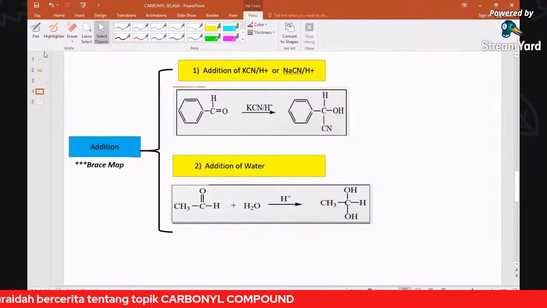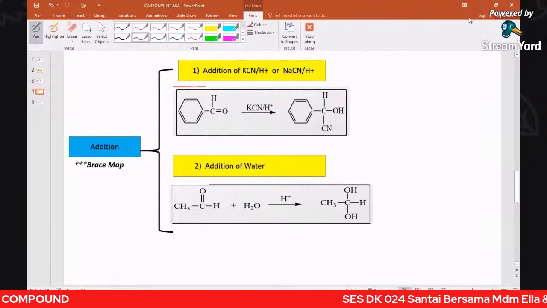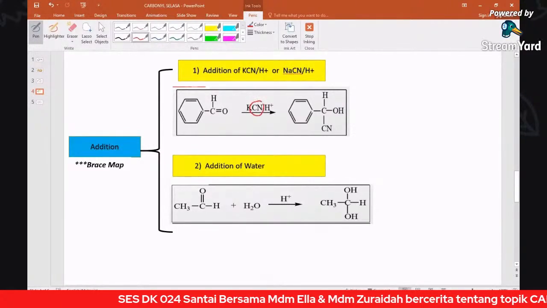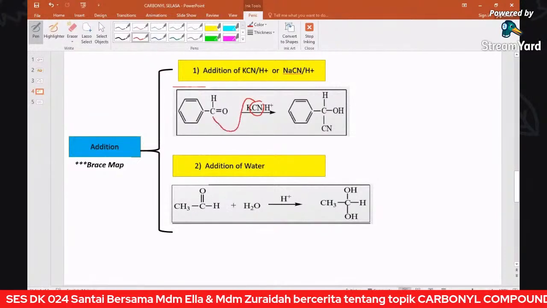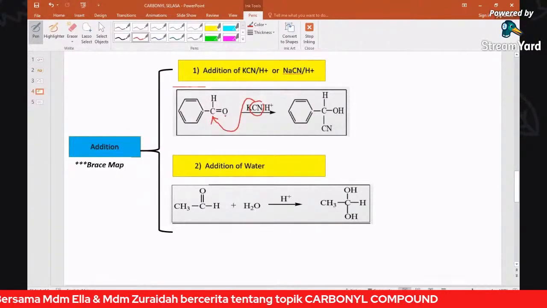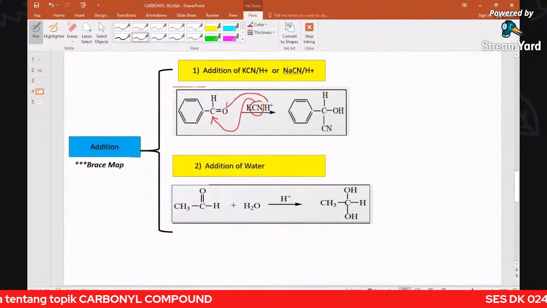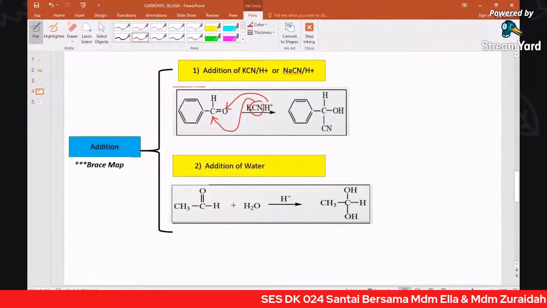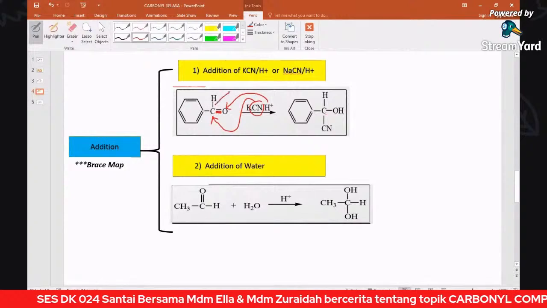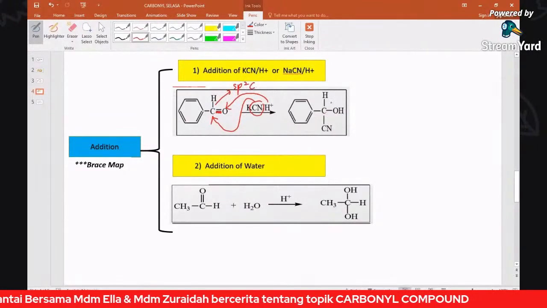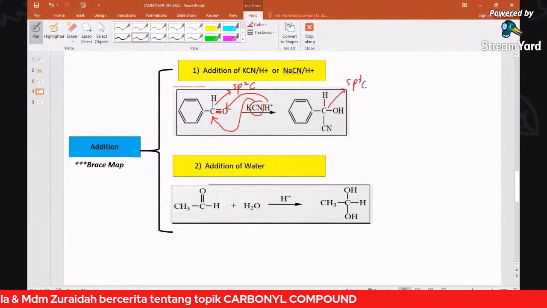I will show you how the reaction will happen out here. From the KCN, we take the CN and combine it with the C that has the C double bond O. The H will combine with the O from the C double bond O. The C double bond O now changes to a carbon single bond. Before this we had an sp2 carbon, and it will change to an sp3 carbon.